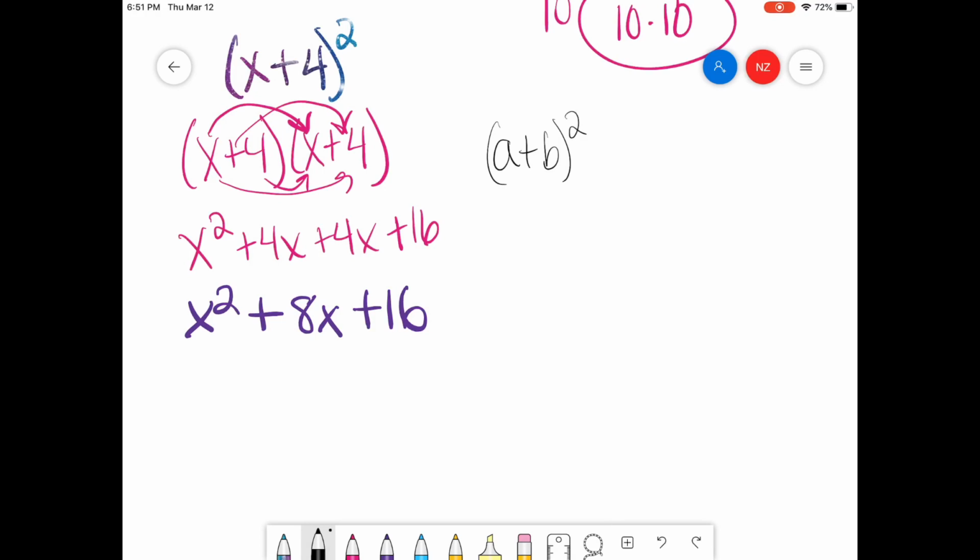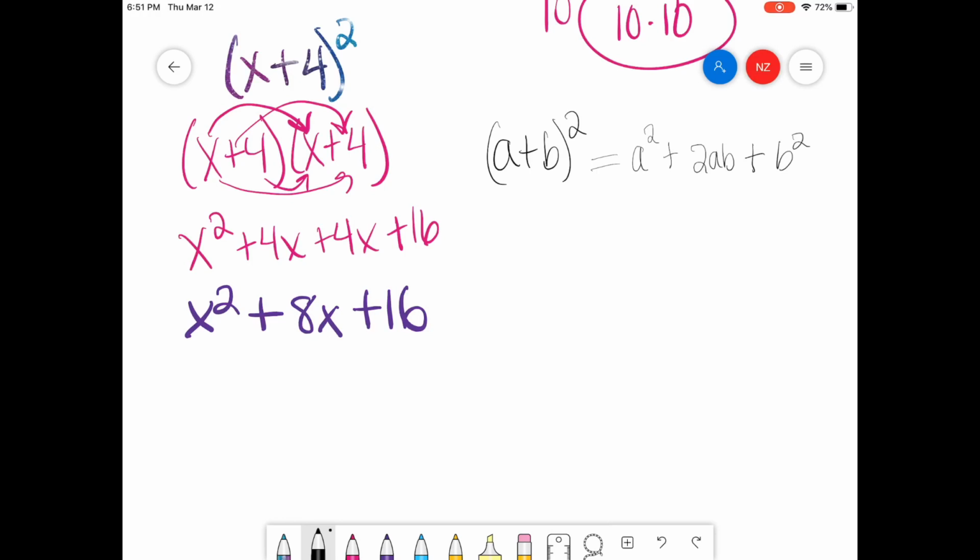So if you have any such a plus b squared, the result is always going to be, like you saw on the screen, a squared plus 2ab plus b squared. Where did these a and b come from? Well, a and b, again, are just variables, just like x is just a variable. It places something that we're working with.